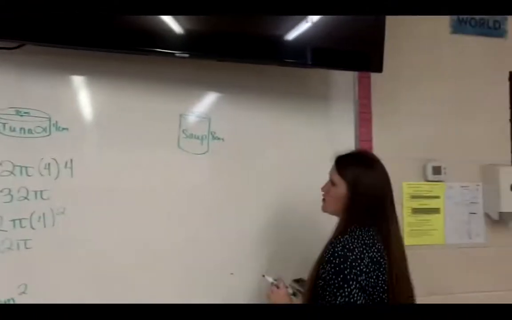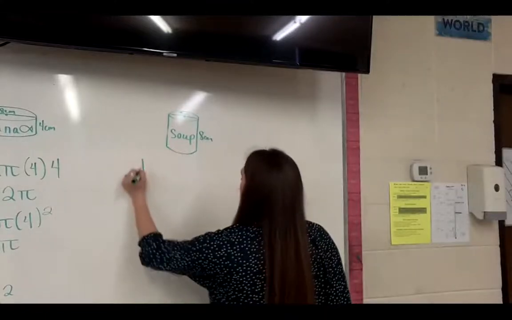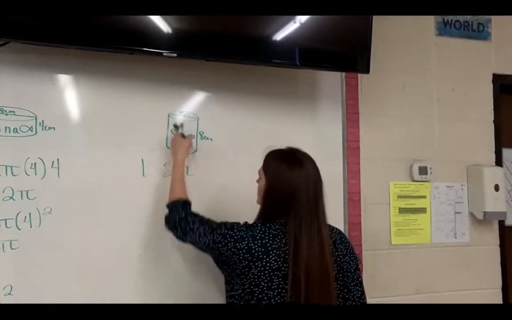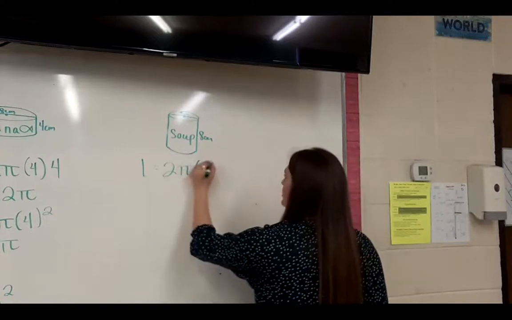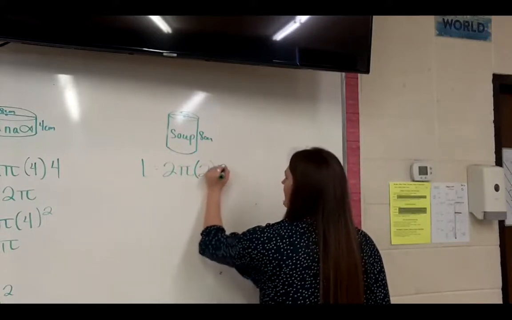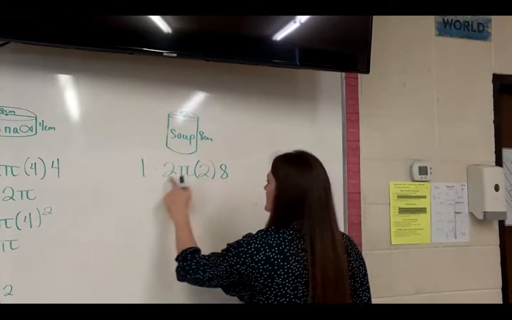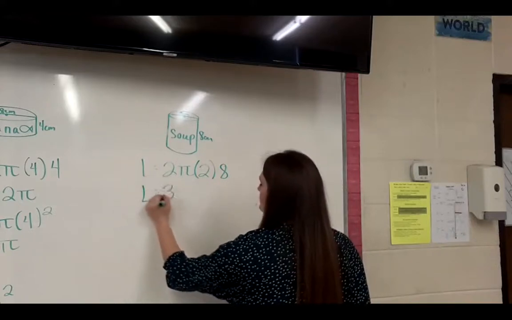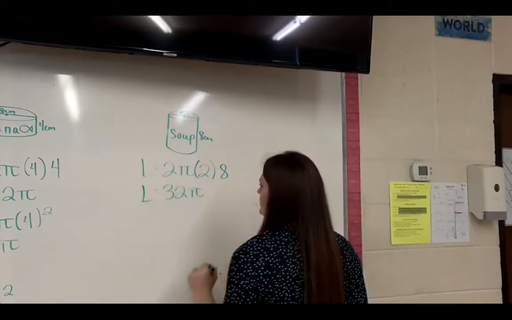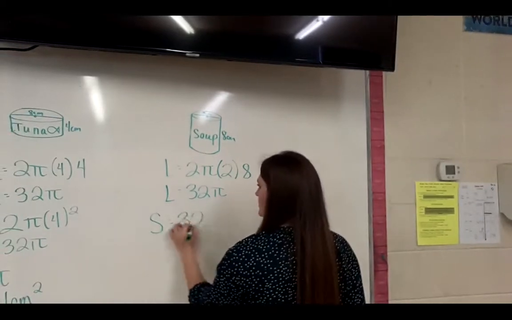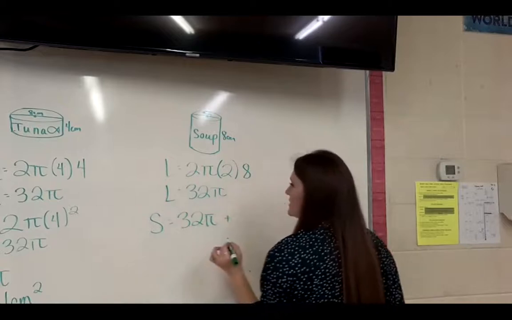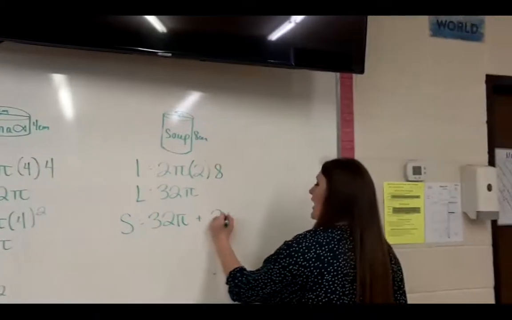So now let's find out for our soup can. So we have 2 pi RH. The diameter is 4, so the radius would be half of that, which is 2, times the height. 8 times 2 is 16. 16 times 2 is 32. So 32 pi. Okay, then my surface area, we have 32 pi plus, now I have 2 pi r squared.